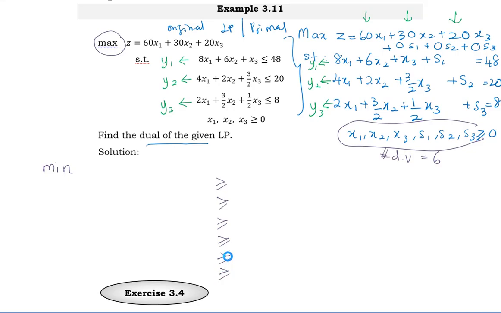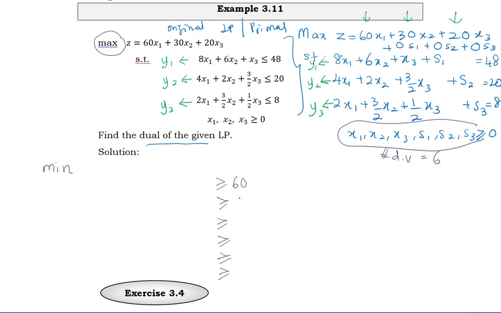Okay. And then here, the right hand side for the dual comes from the coefficient of each variable in the primal. So the first constraint, right hand side, is 60.